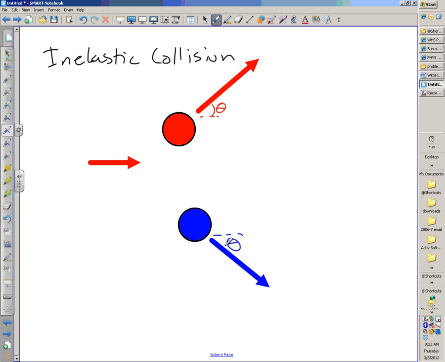Hopefully, does this sound familiar? We did this problem in winter. If we move that blue one like this, we end up with this being a right angle.